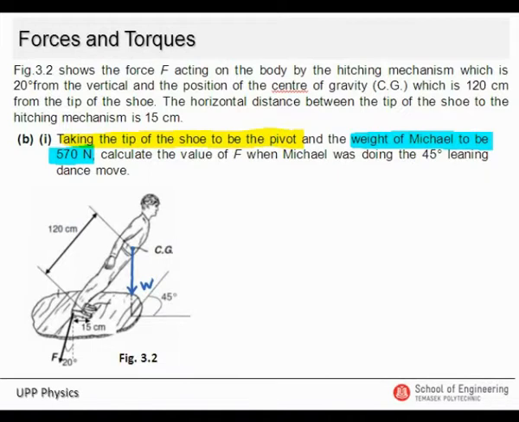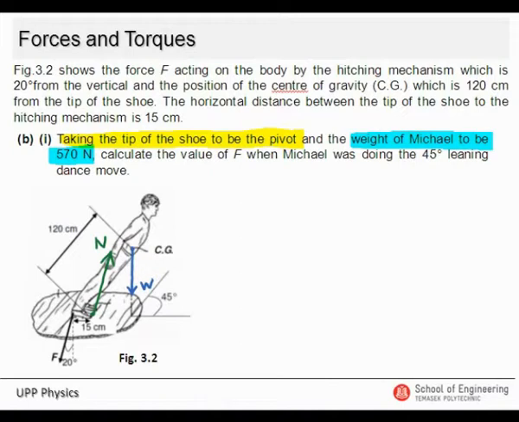So more or less, our normal contact force should be inclining to the right from the tip of your shoe. So say somewhere like this. And that's called the normal contact force N. So these are the three forces that are acting on Michael.